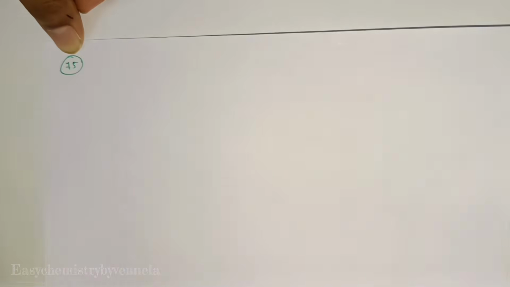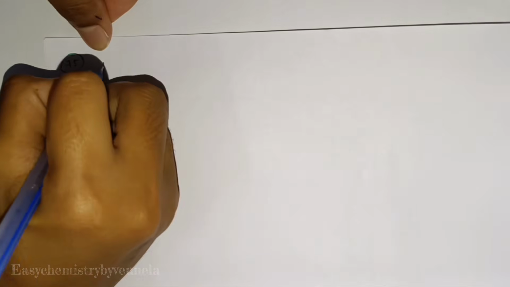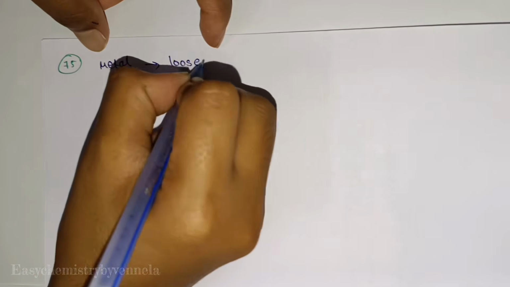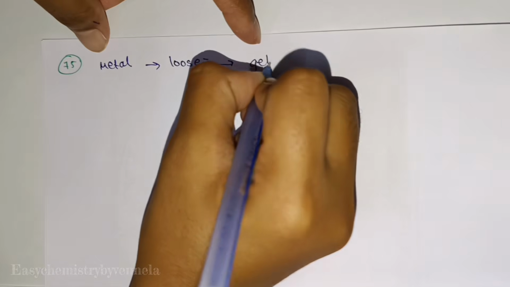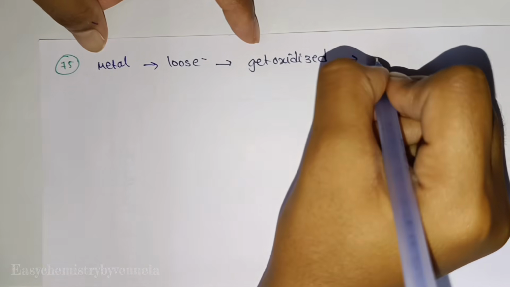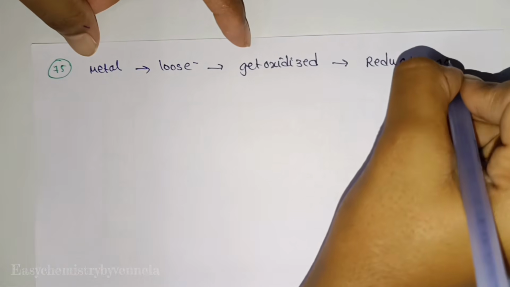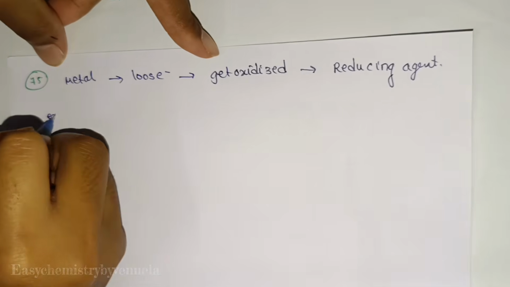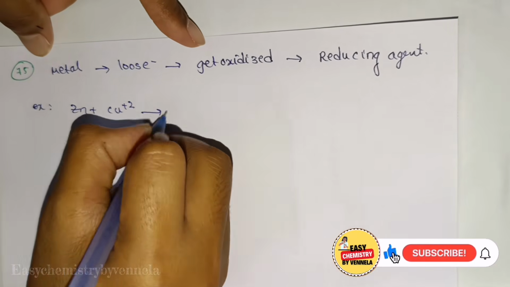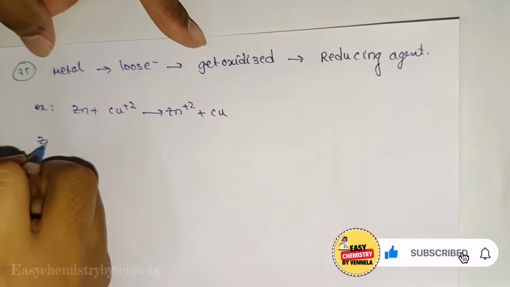Next question. Metals generally have, this is also a well-known question. Metals lose electrons. Next, they get oxidized. Then they act as reducing agents. I am giving one example. Zinc plus copper forms zinc 2 plus and copper.